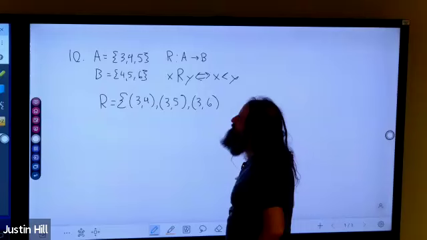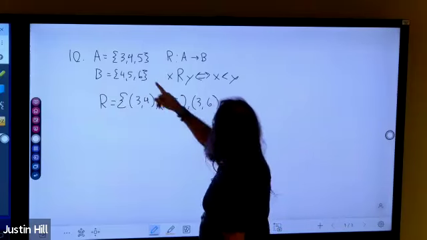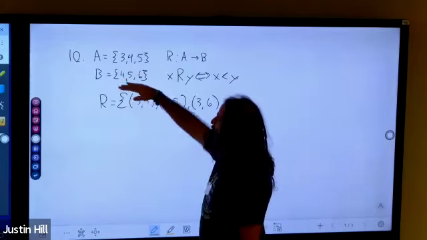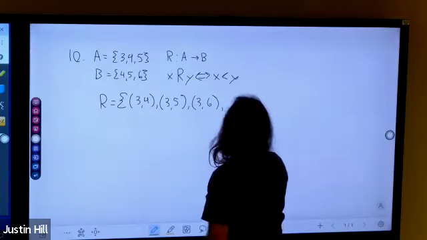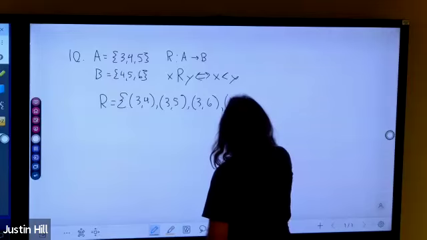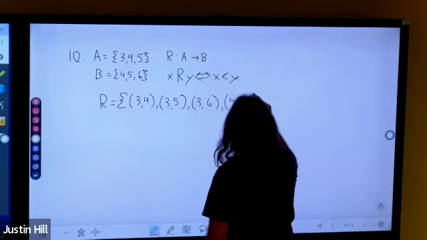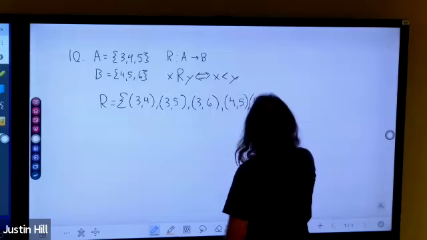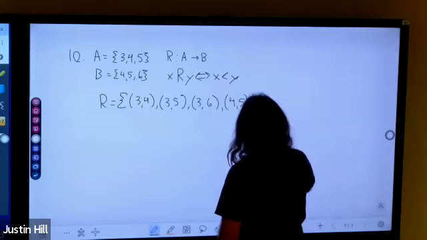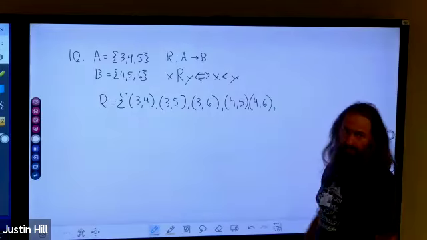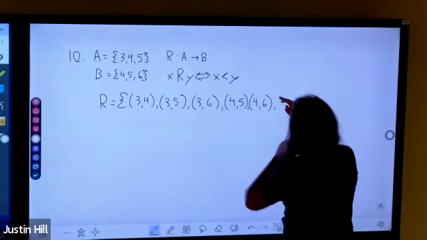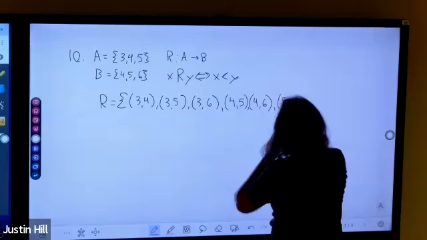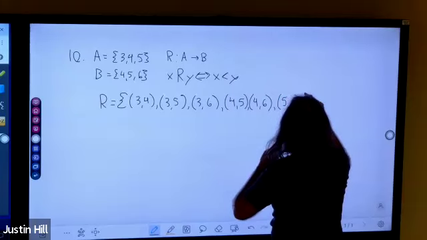A relation can have multiple outputs. Let's then go to the 4. Which of these numbers in B is 4 less than? Good, now it's just the 5 and the 6. So 4 is less than 5, and 4 is less than 6. And then finally, the 5 only has one output that it's less than. 5 is less than 6, so that's my last ordered pair.